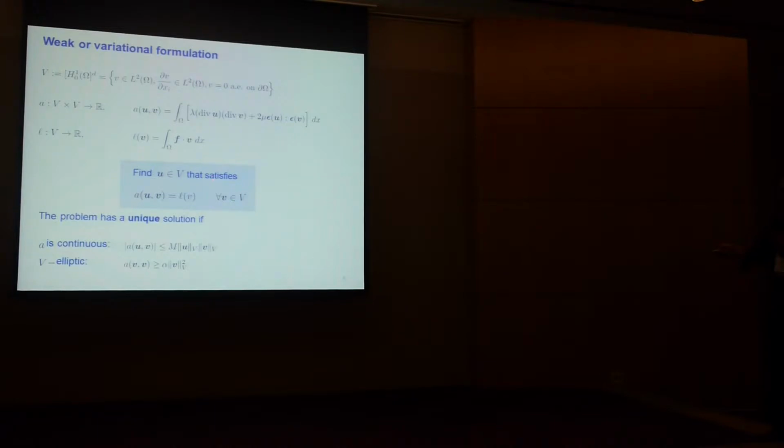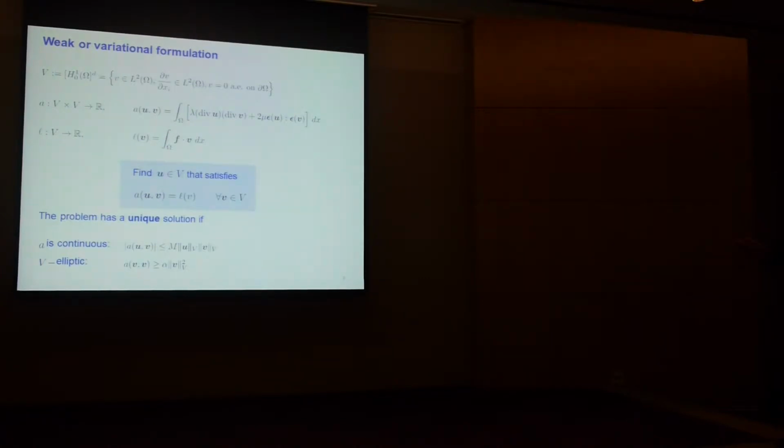Find u in a certain function space that satisfies this equation here for all functions v in that same space. So this here is a bilinear form. It's linear in each of the slots, and you can see that it derives from the Lame operator. L is a linear function which takes care of the source term or the loading term.